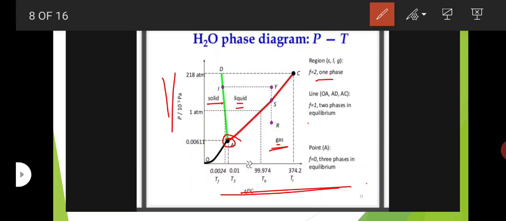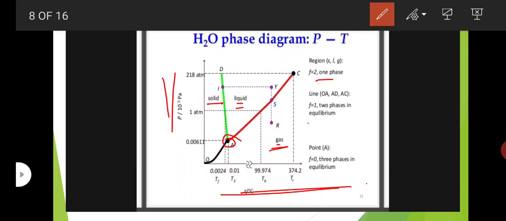And the lines: OA line, AD line, and AC line. These lines are having two phases. Already we have discussed that regions, fields or areas have a single phase, so their degrees of freedom value is 2.